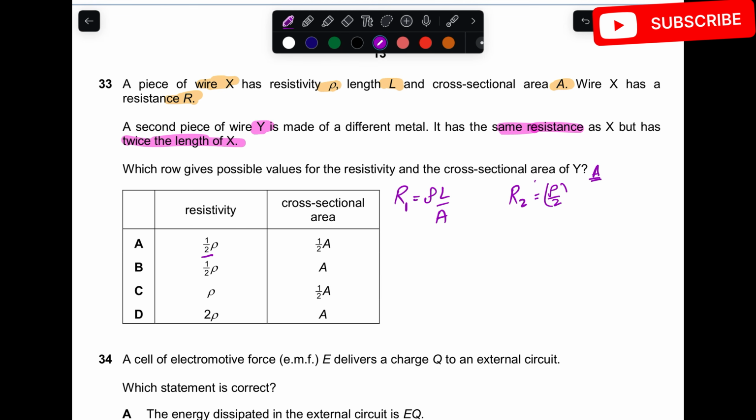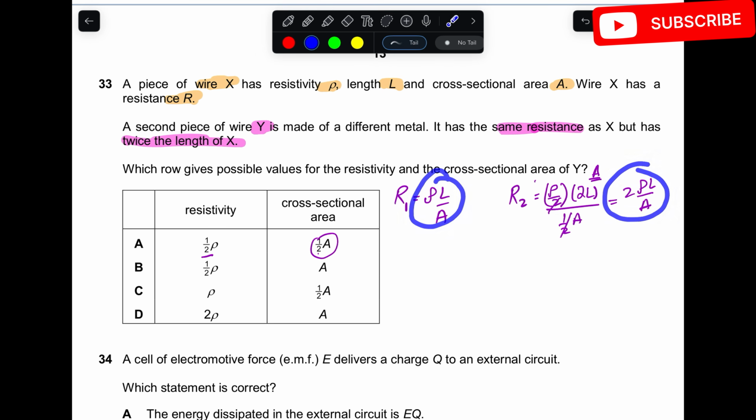Length is already 2L, that is given, divided by the area, and area they are telling us 1 by 2a. This thing will cancel with this thing, it will give us 2 rho L over A. That thing is not equals to this thing. Okay, so the resistance will be different in that case. It's not the option. So A is not possible.